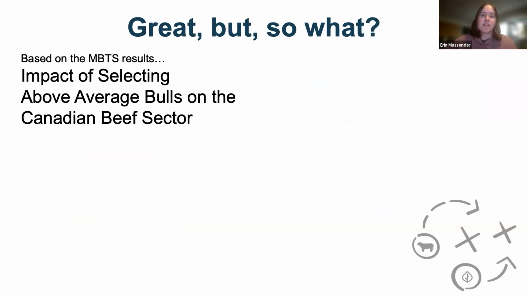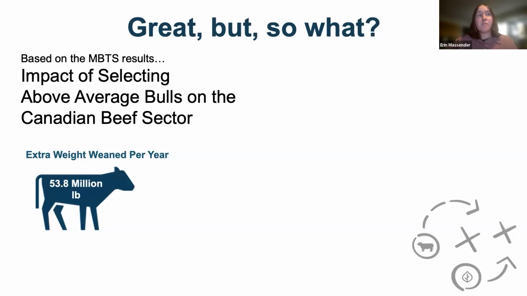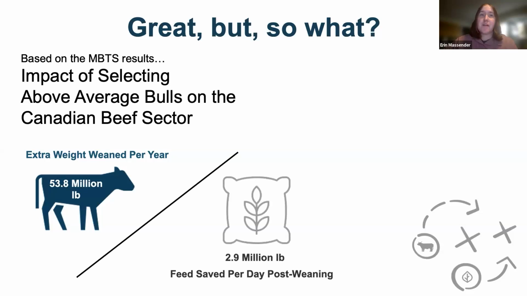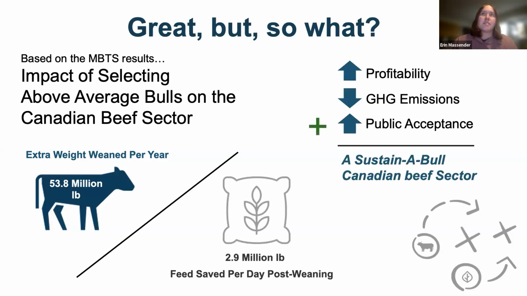And what that could translate to in terms of additional efficiency in the beef sector is over 53 million pounds extra weight weaned per year, and a reduction of about 3 million pounds of feed saved in the post-weaning period. And of course, that would be beneficial for overall sector profitability, lower greenhouse gas emissions and resource utilization, and hopefully help increase the public acceptance of the Canadian beef sector.